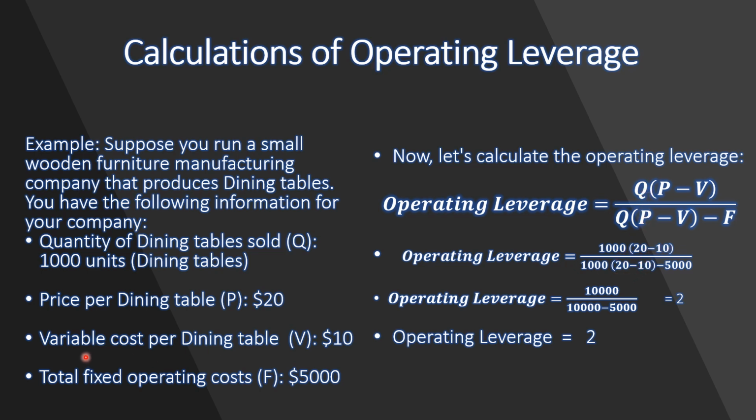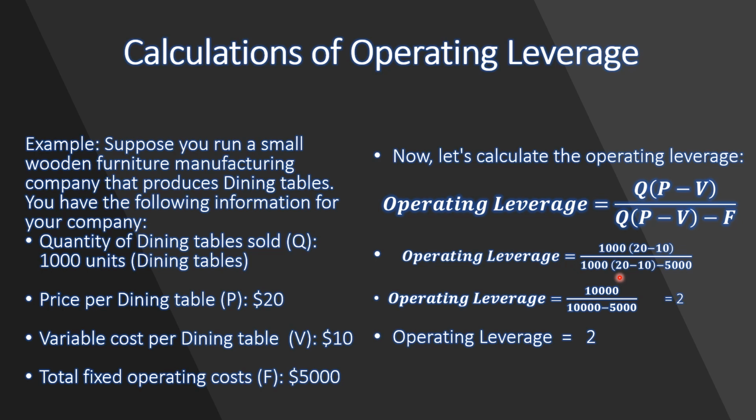What is 20? Price per dining table, selling price per dining table, that is P. P is equal to 20. V is what? Variable cost per dining table, that is 10. Whole divided by Q, that is the quantity of dining tables sold, 1000 units.